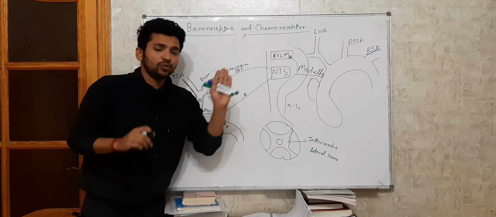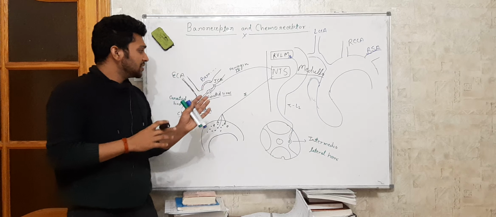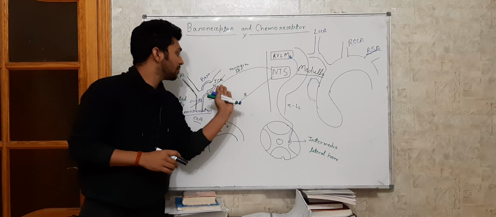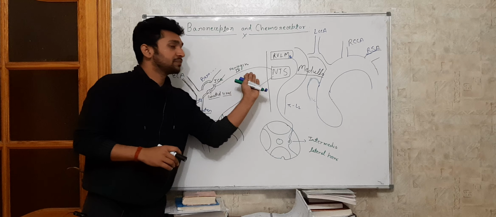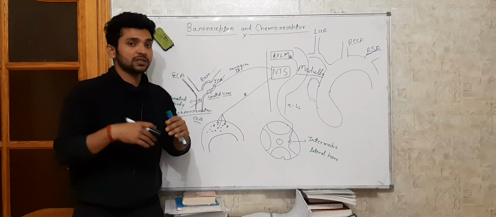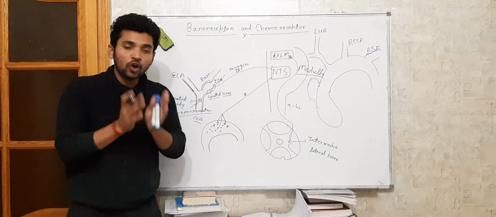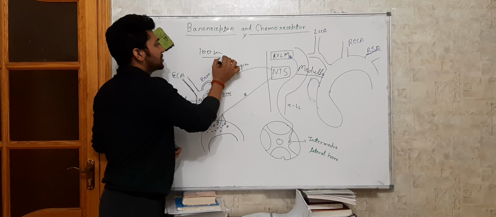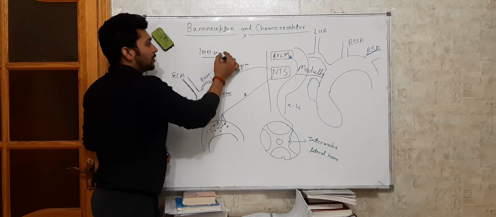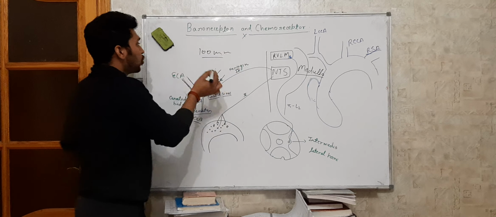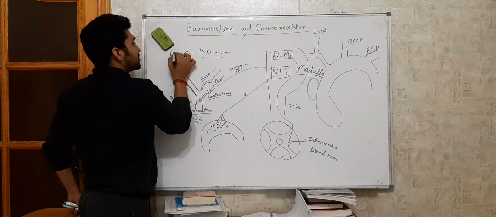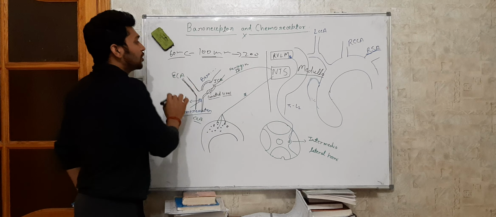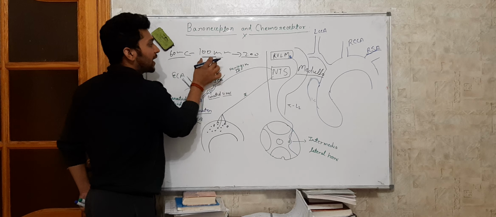The function of the nucleus tractus solitarius is to receive the information coming from the carotid sinus, that is, blood pressure information. The normal blood pressure is 100 mm of Hg. The lowest is 60 mm of Hg and the highest is 200 mm of Hg. So the normal should be 100.